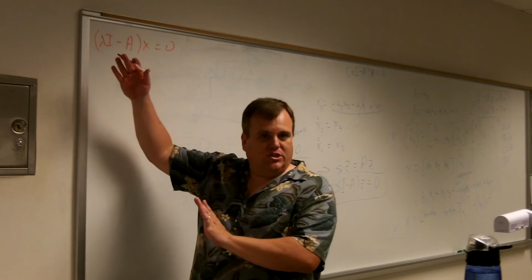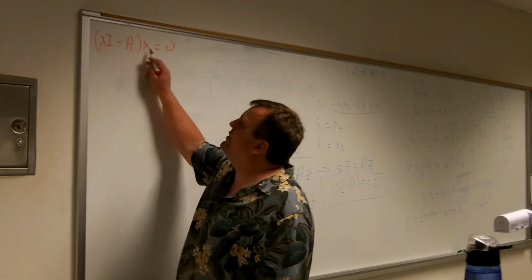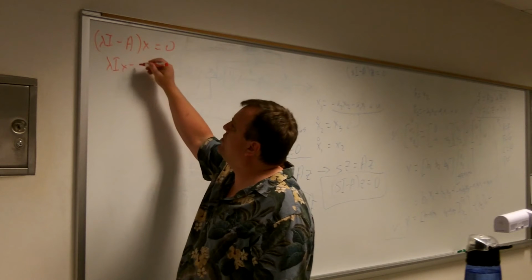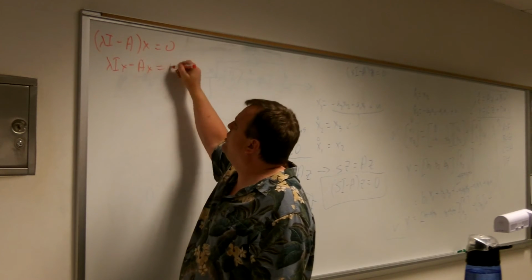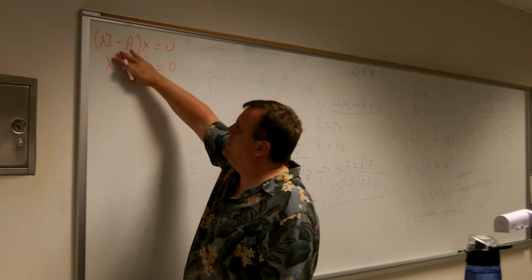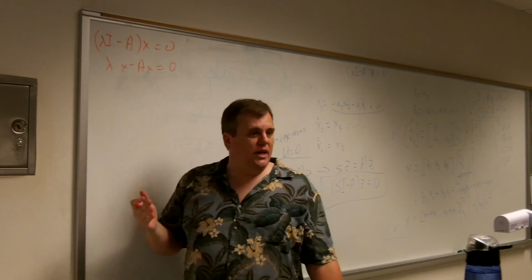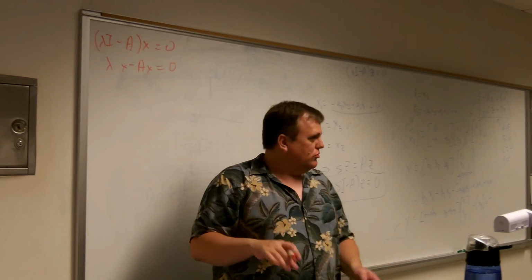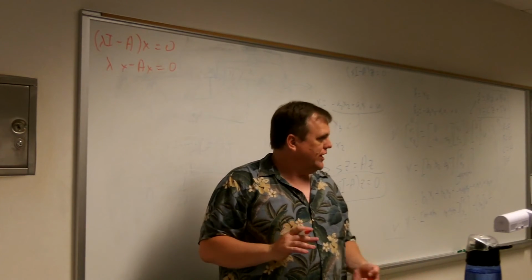Let me rewrite this slightly. If I multiply through, I get lambda times I times X minus AX equals 0. And I times X is just X. That's what it means to be the identity. I times anything just returns it. It's the equivalent of 1 in matrix land.